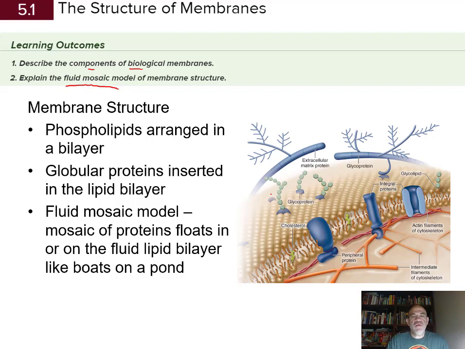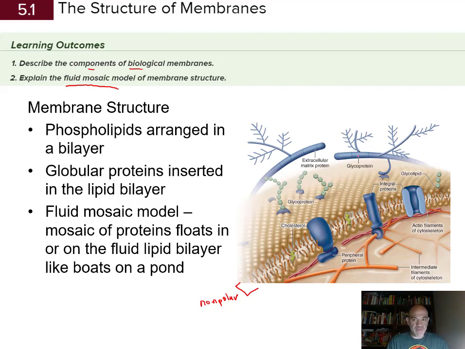So over here to the right, we have an image of the plasma membrane we saw back in the prior chapter. It's a double layer of phospholipids, and in the middle is going to be this nonpolar part. And that nonpolar part is made of fatty acid tails that are hydrocarbons. And when you're nonpolar, that means you're hydrophobic.